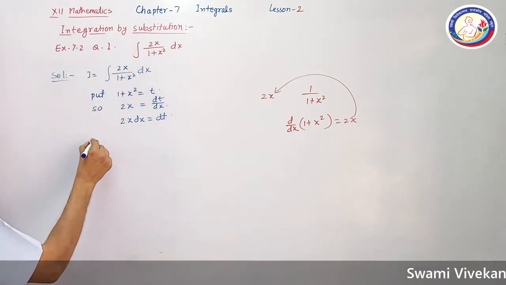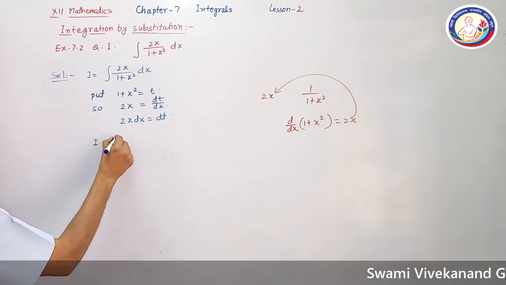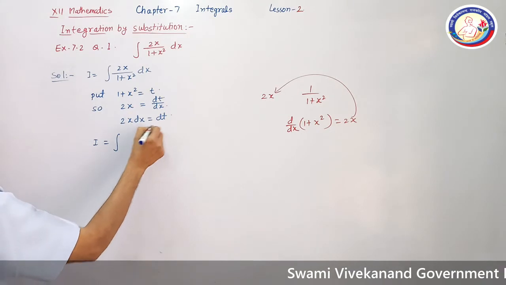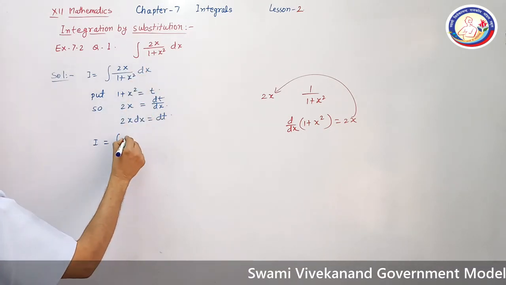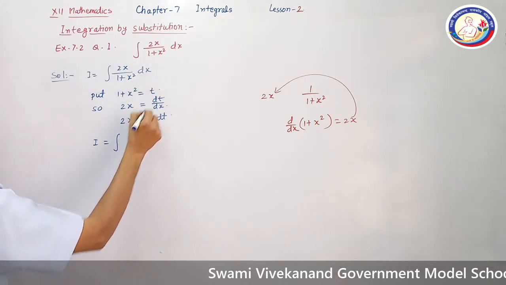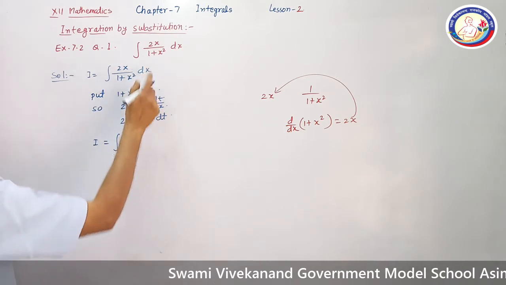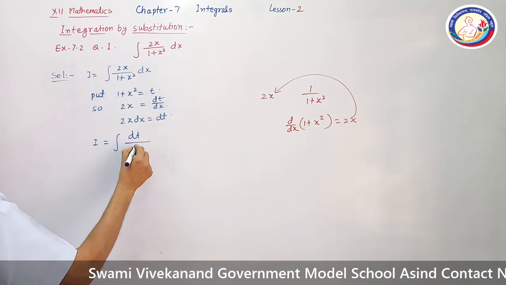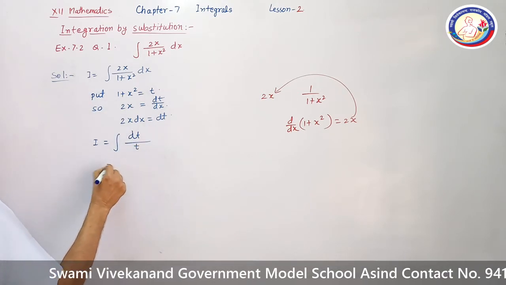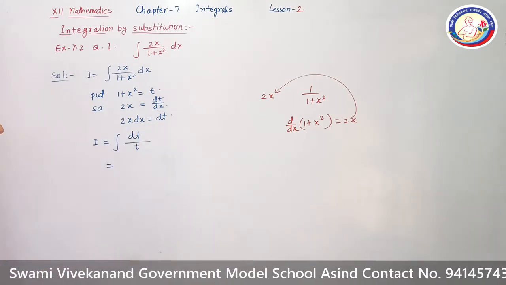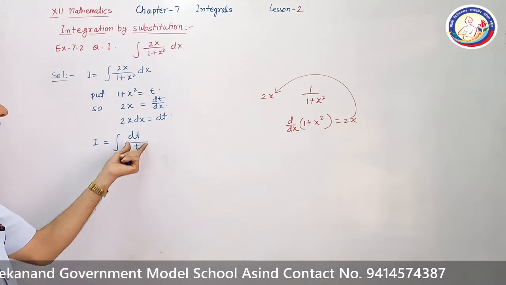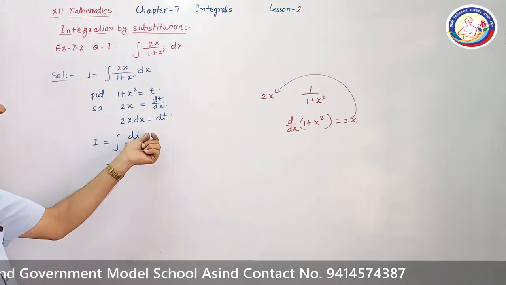Now I becomes twice x dx will be dt, this. Twice x into dx is dt. And in the denominator, 1 plus x square is t. So this is integrable. We can easily write the integral of 1 upon t with respect to t.